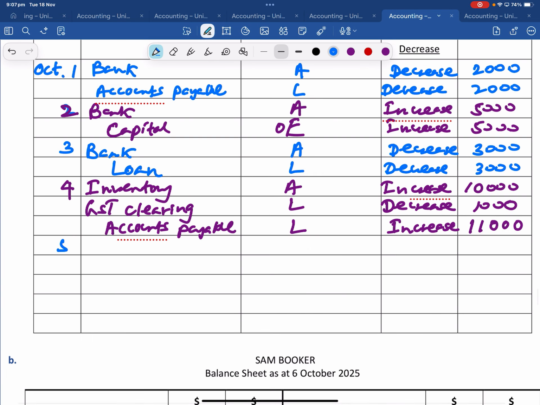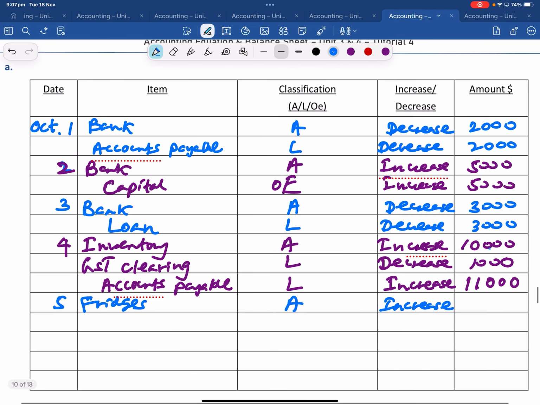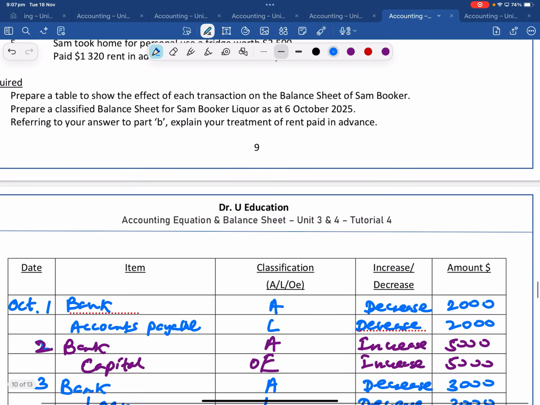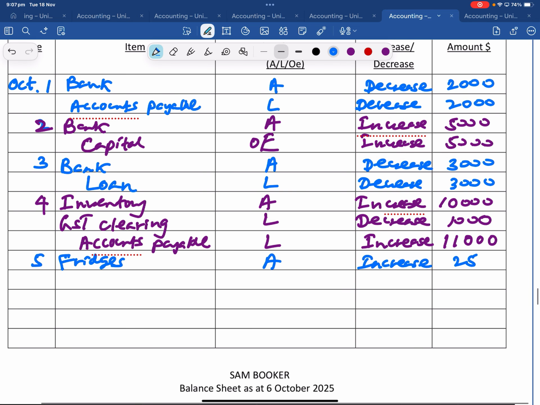So we'll write here fridges, an asset increase, $2,500, and drawings decrease.